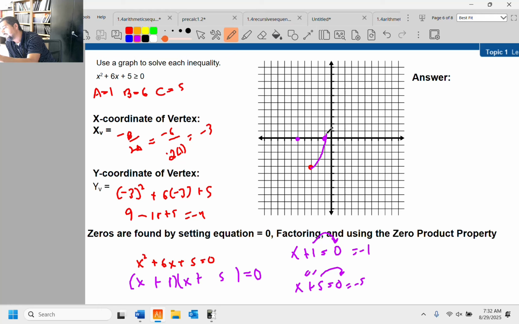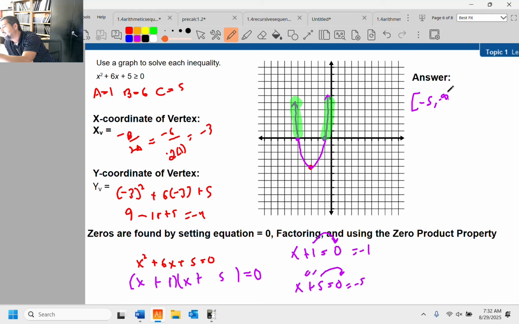And here is my parabola. And the deal here was, where are we greater than or equal to 0? So we actually get to include that dot there, the x-intercept. So we're greater than or equal to 0 from -5 to the left. That's the left tail.